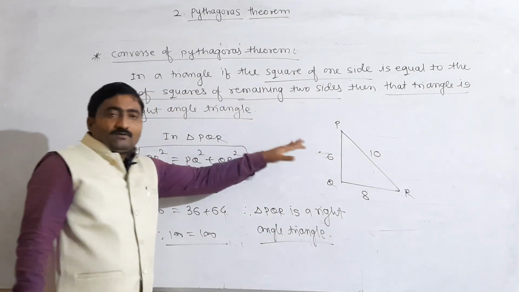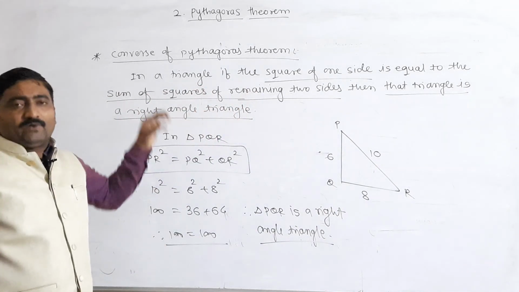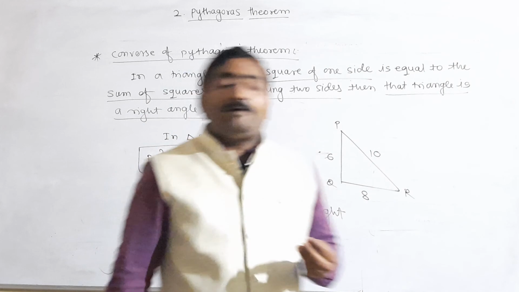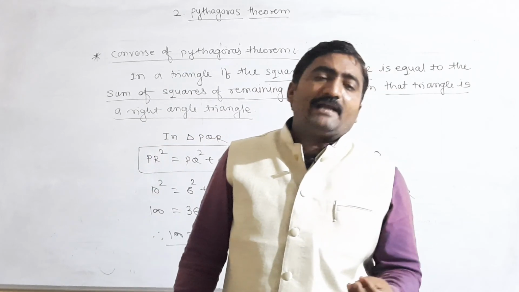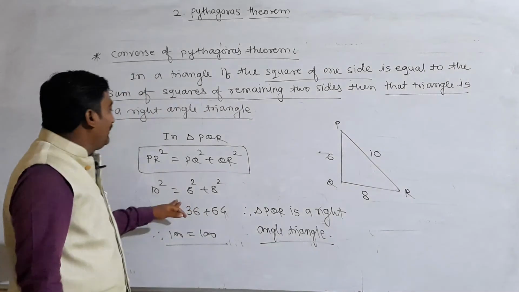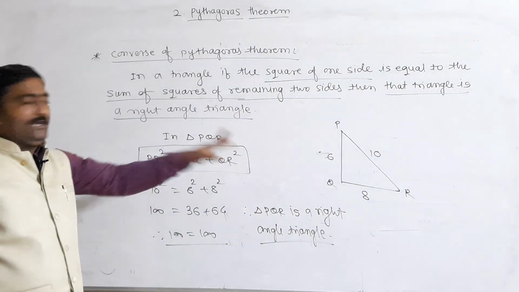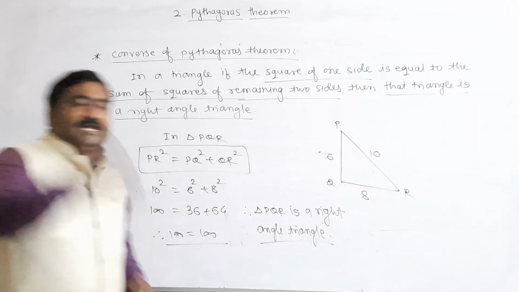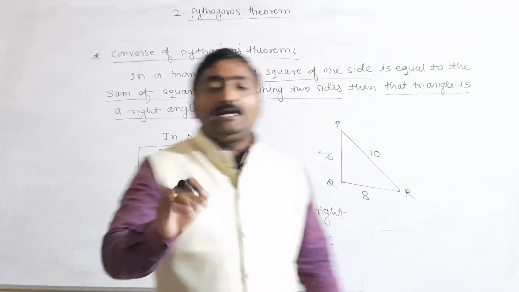From converse of Pythagoras theorem we have to ask which of the following triangles are right angle triangles when its sides are given. Then by using this property, if the square of one side is equal to the sum of squares of other two sides, then that triangle is the right angle triangle.